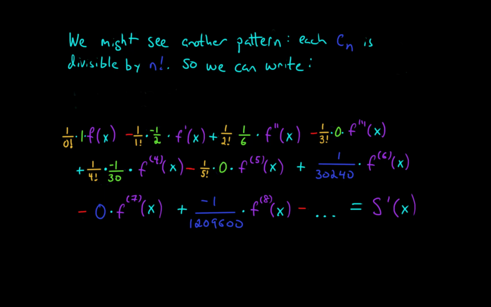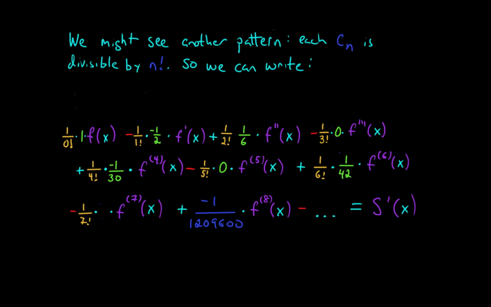My next term is plus 1 over 30,240. Well, that's divisible by 6 factorial, so I can rewrite it as plus 1 over 6 factorial times 1 over 42. The term after that again is 0, so I can divide it by 7 factorial without changing the content of this equation. So this will be minus 1 over 7 factorial times 0 times f7 of x.